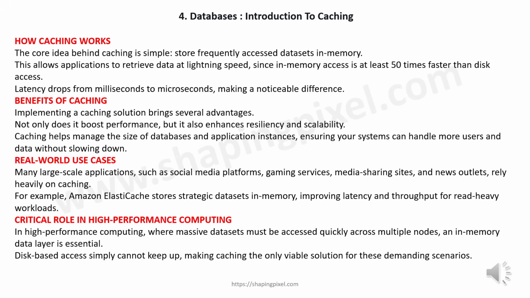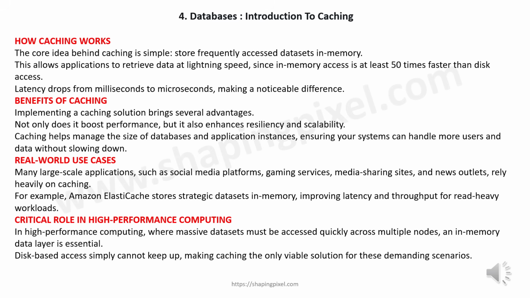Implementing a caching solution brings several advantages. Not only does it boost performance, but it also enhances resiliency and scalability. Caching helps manage the size of databases and application instances, ensuring your systems can handle more users and data without slowing down. Many large-scale applications, such as social media platforms, gaming services, media sharing sites, and news outlets, rely heavily on caching.